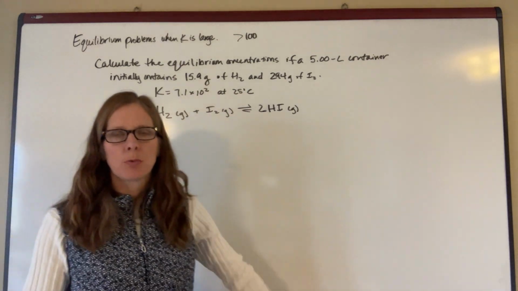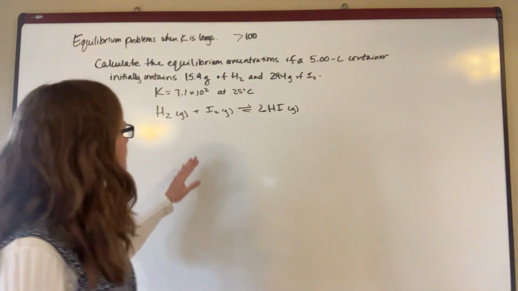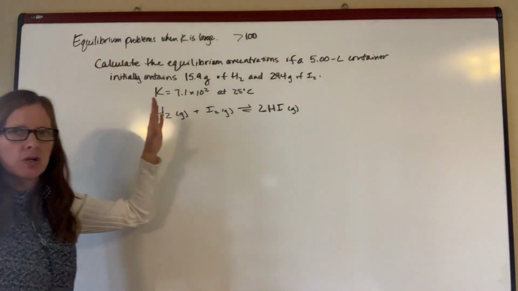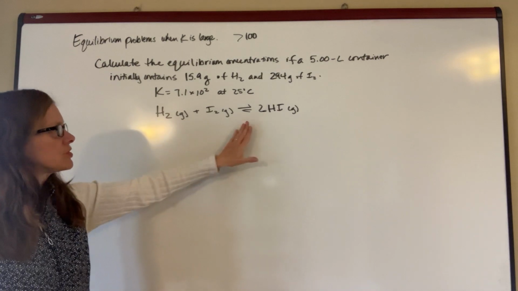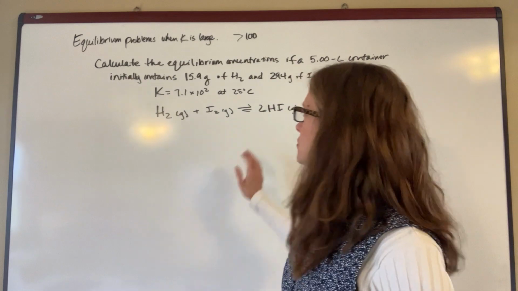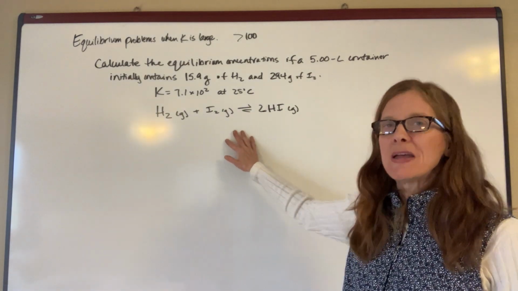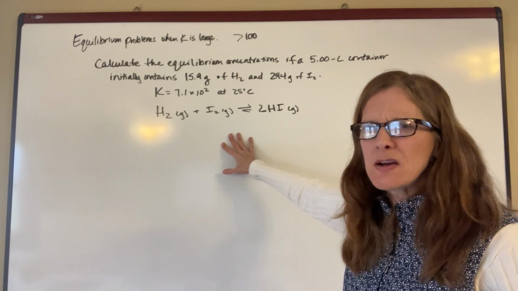You're going to have some equilibrium constants that are up 10 to the 4th, even 10 to the 5th. This one is certainly large enough to qualify for this particular kind of problem, though. And then you'll see the equation. Now, I don't want you to get confused because, yes, I did use this same equation yesterday. But yesterday I told you that the temperature was like 448 or something.